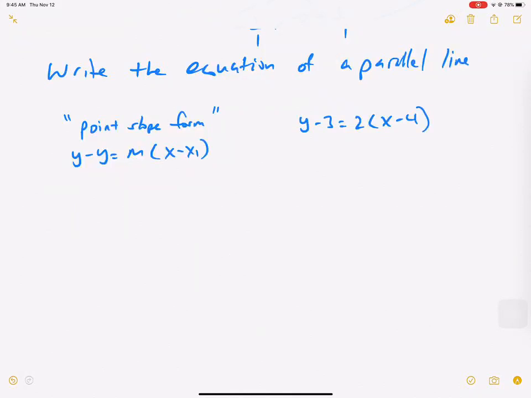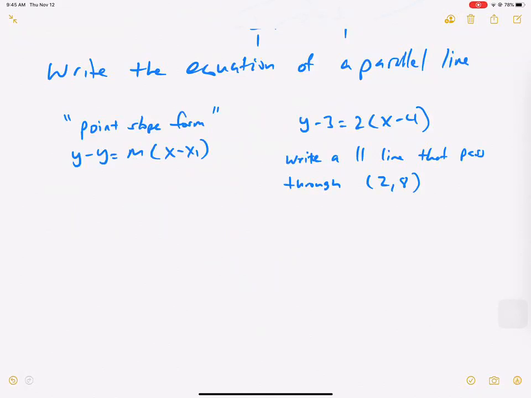Okay, that's it. And there's always going to be some weird one, and they're going to say, write a parallel line that passes through, let's give you a number, 2, 8.